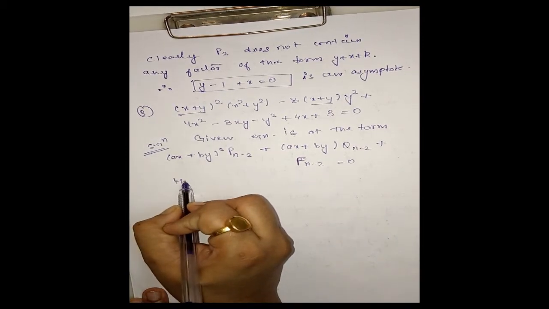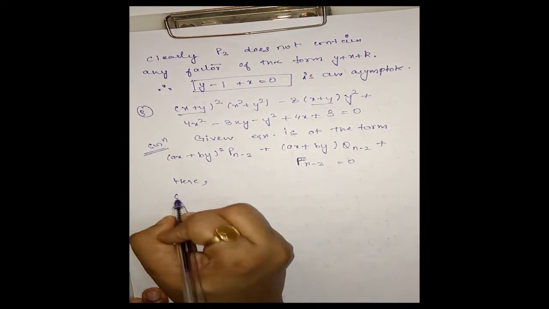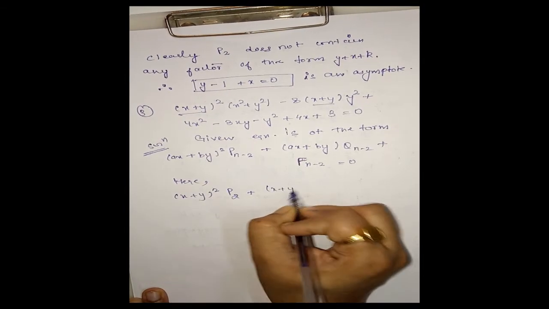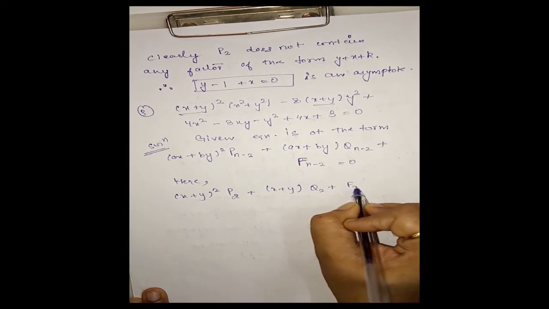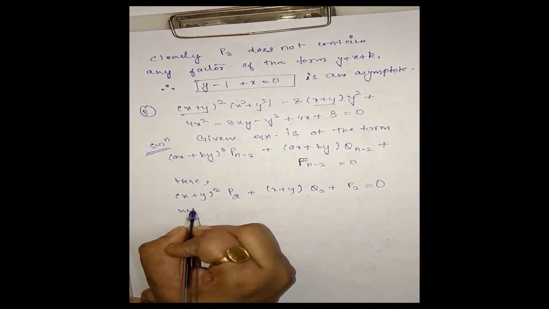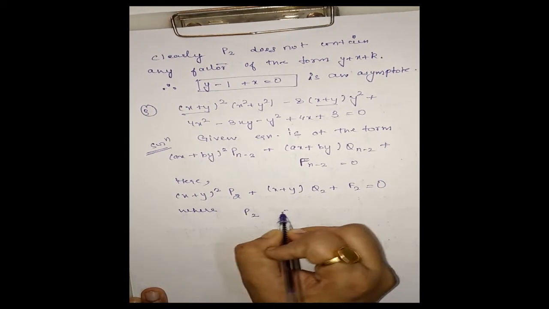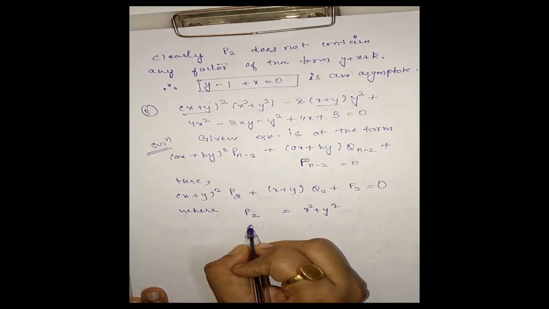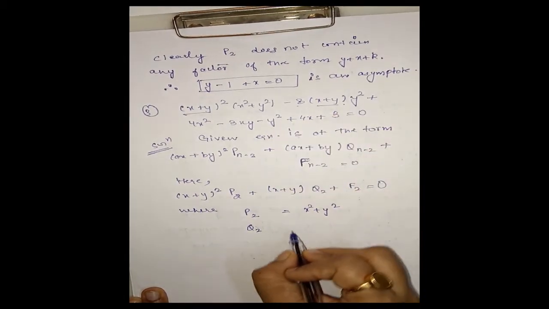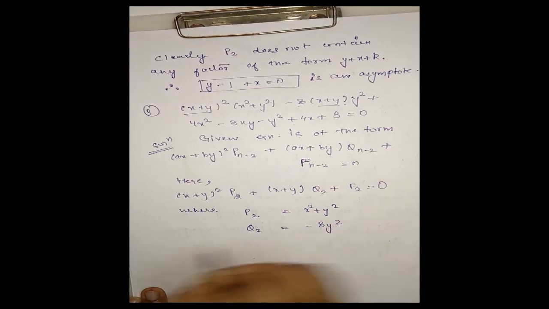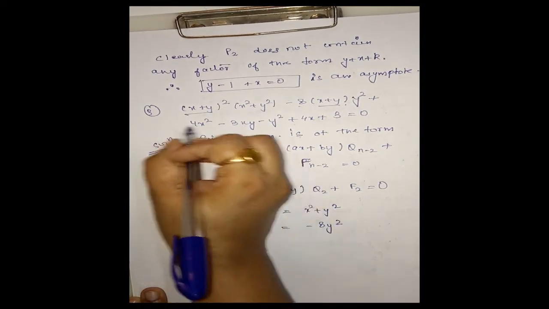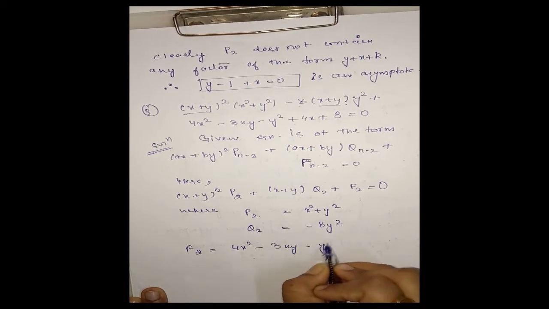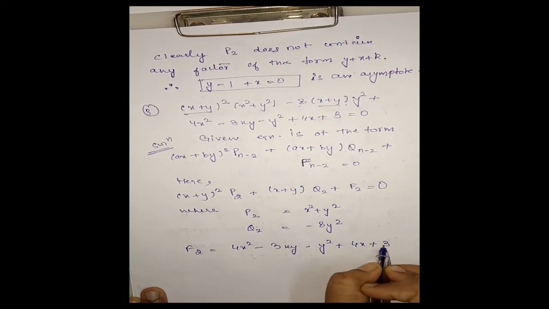Here, (x plus y) whole square p2 plus (x plus y) q2 plus f2 is equal to 0, where p2 is x square plus y square, q2 is minus 8y square, and f2 is 4x square minus 3xy minus y square plus 4x plus 3.